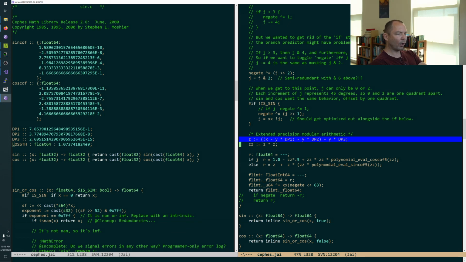It's x minus y times pi over 4. I mean, that makes sense, but why is it being done like this? The comment "extended precision modular arithmetic" is not enough of a comment to inform me.